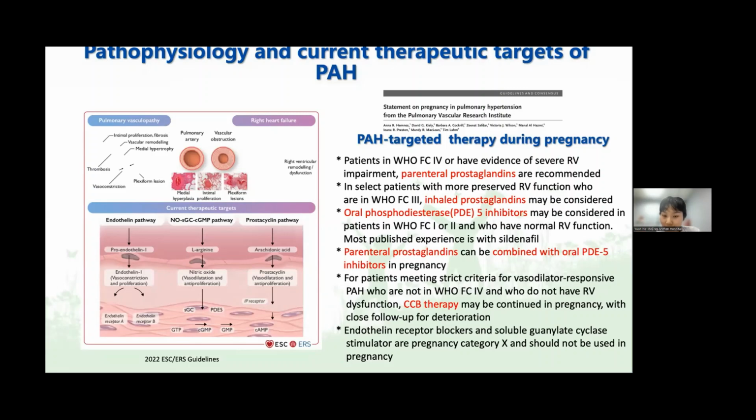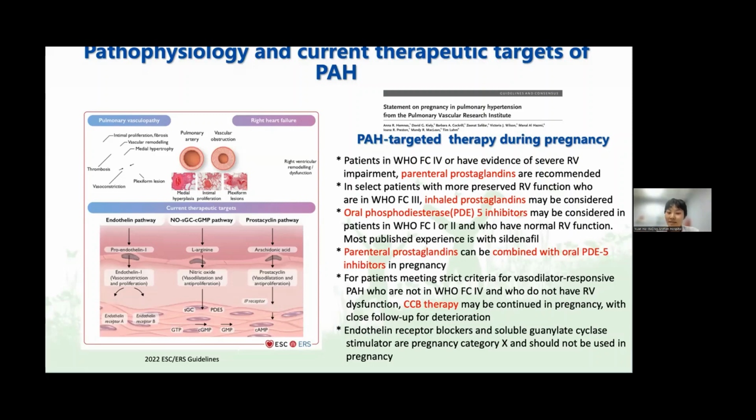In selected patients with more preserved RV function who are in WHO functional class 3, inhaled prostaglandins may be considered, and PDE5 inhibitors may be considered in patients in WHO functional class 1 or 2 who have normal right ventricular function. Most published experience is with sildenafil. Parenteral prostaglandins can be combined with oral PDE5 inhibitors in pregnancy.